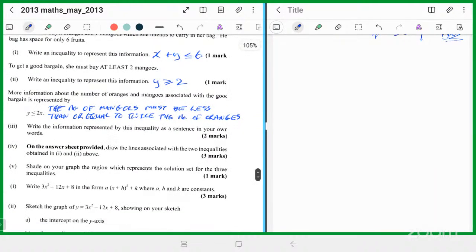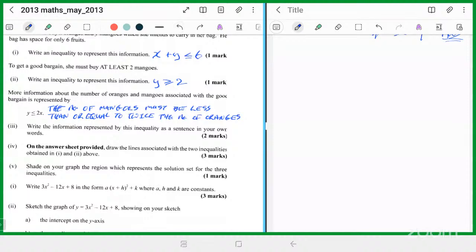Everything will mean the same thing. The number of mangoes, y, whatever, must be less than or equal. They could also have said must be no more than twice the number of oranges. Instead of saying less than or equal, they could have said no more.